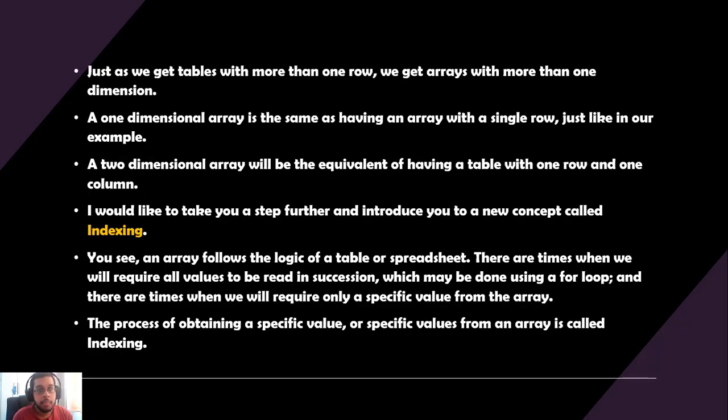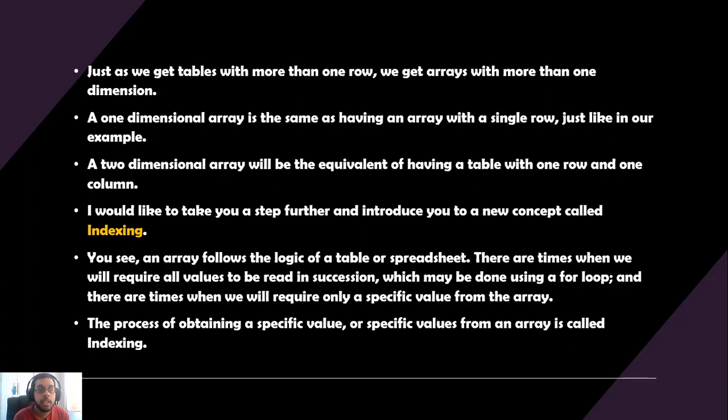Just as we get tables with more than one row, we get arrays with more than one dimension. A one-dimensional array is the same as having an array with a single row, just like in our example. A two-dimensional array will be the equivalent of having a table with one row and one column.